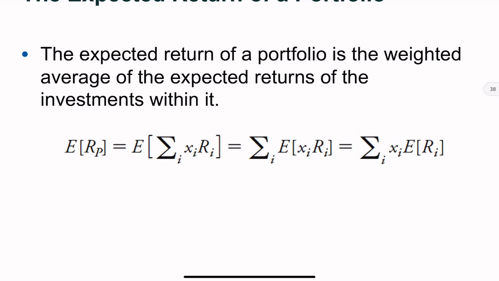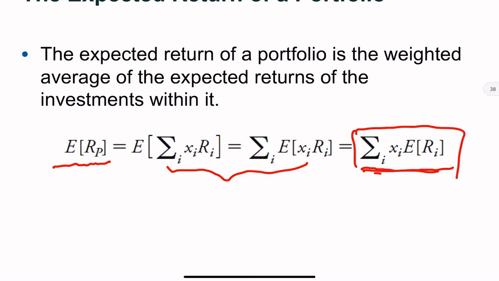You can see that you have a long formula here, but what you really need to know is this and this, right? These two steps are basically middle steps. I put these middle steps here because I want to show you how to get this result. Right? This is the major result.